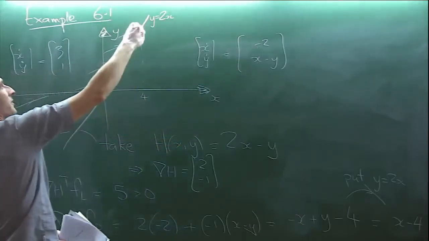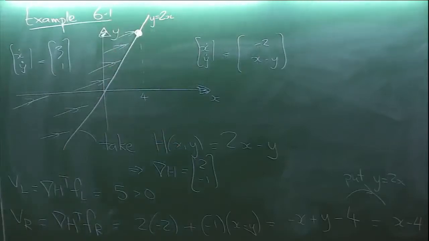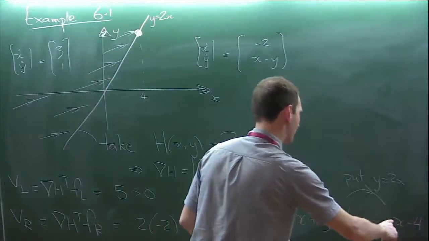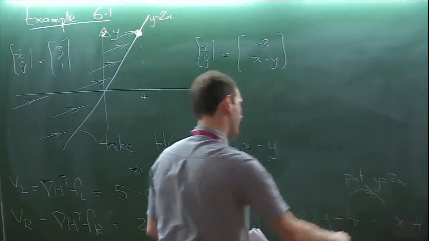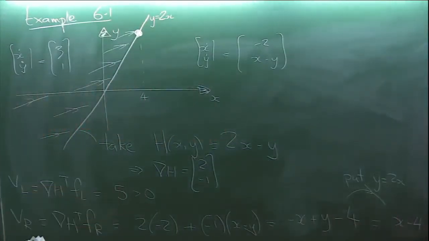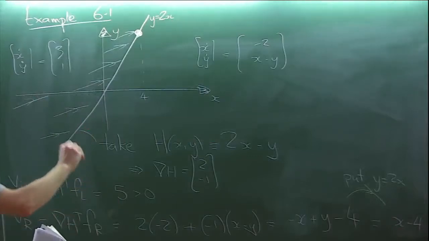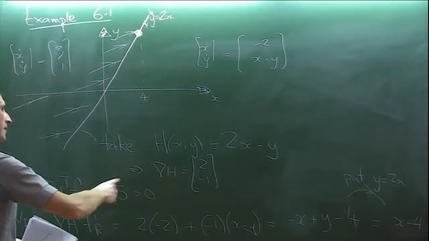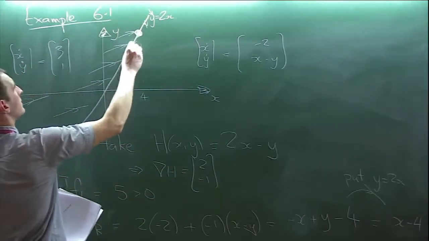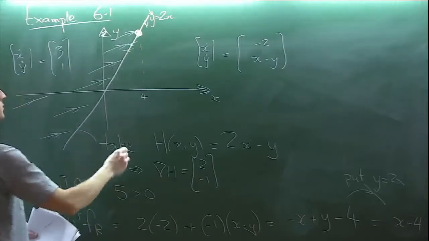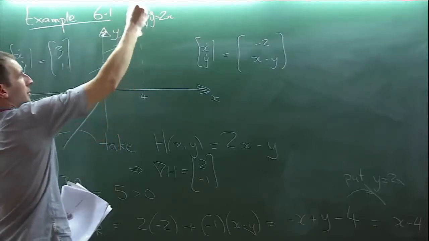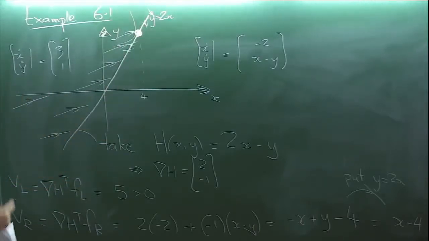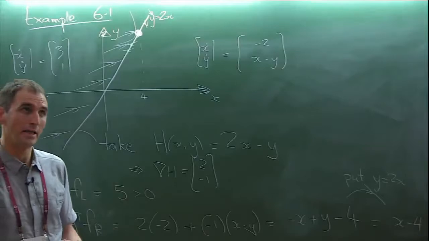X dot is negative, so the vector field has to be pointing down and to the left. As I increase x, this becomes positive, so VR becomes positive, which means I'm going away from the switching manifold. If x is less than 4, it's negative, going towards. So my two orbits have to be doing this. My tangent trajectory will be on the left, so it'll be an invisible fold.